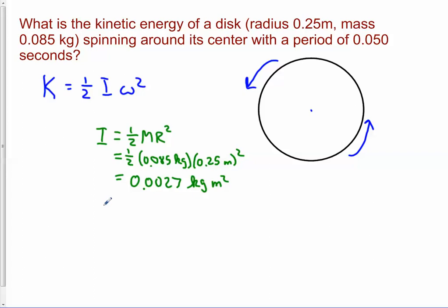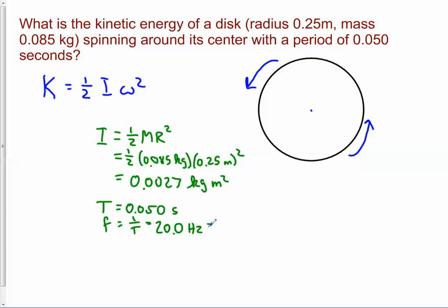Now omega. So we do have to compute omega because we weren't given omega directly. We were given its period. So we know that T is 0.050 seconds. And we have to convert that to omega. So frequency is 1 over the period. So that ends up being 1 over 0.050 seconds, or 20 hertz.